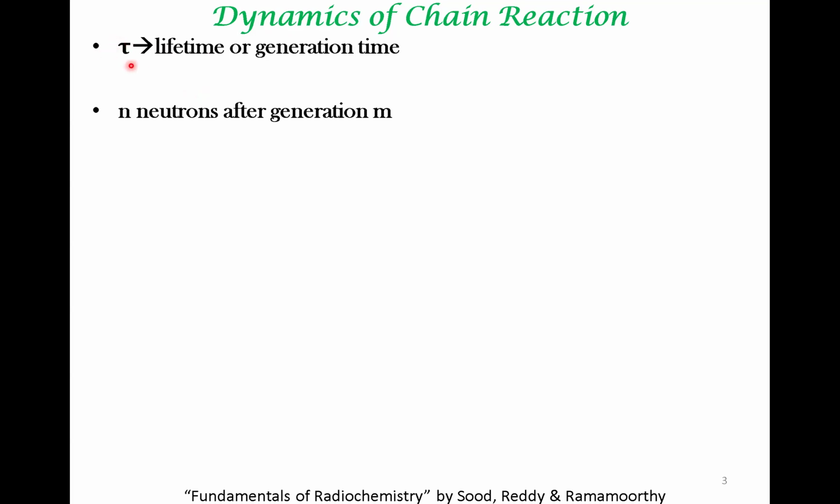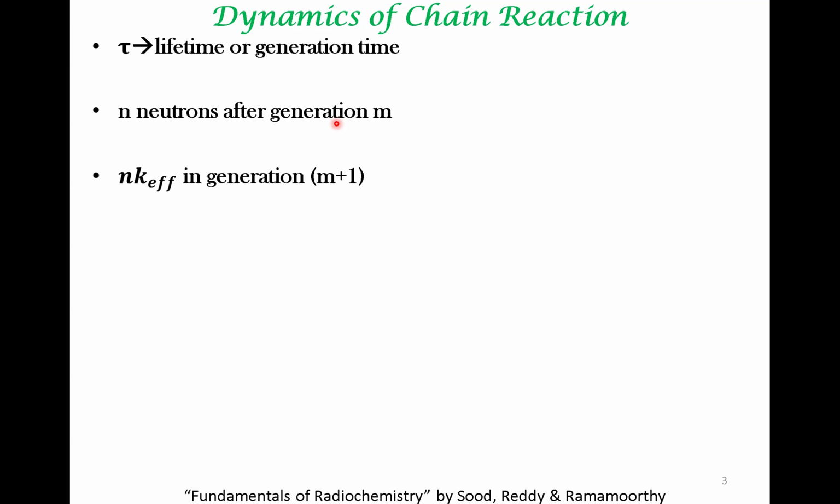It is not a simple T half. But the notion of generation time and generation has connections to our simpler system where you have just one radioactive decay, and with every generation, some T half has been taken into account. That is, the concentration or the population decreases by half for every T half.